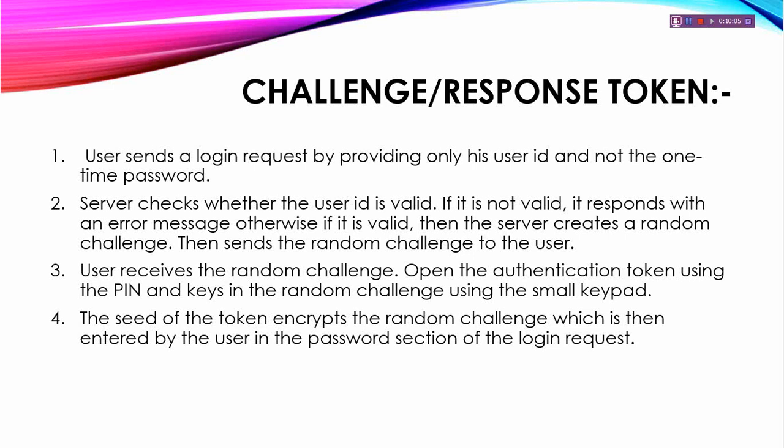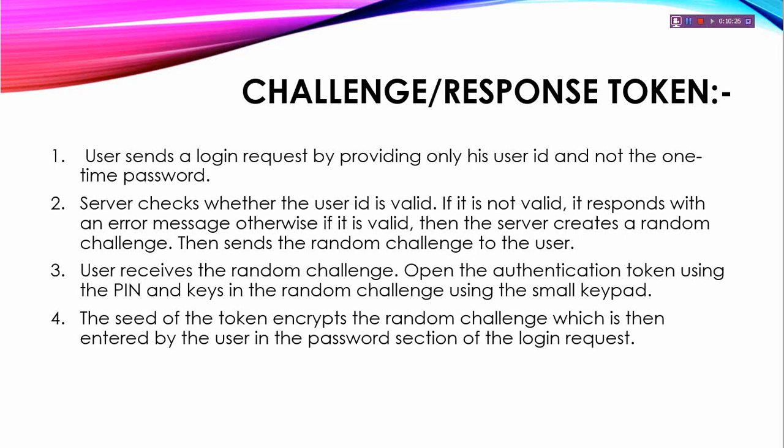After the user receives the random challenge, the user opens the authentication token using a PIN or a password and keys in the random challenge. Then the user enters the OTP in the authentication device using the small keypad.